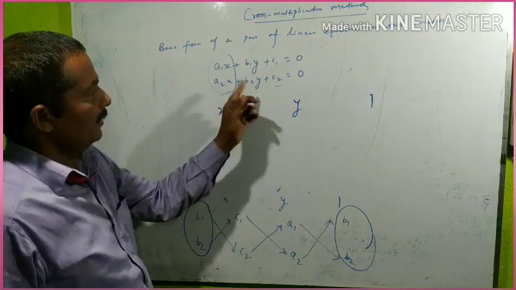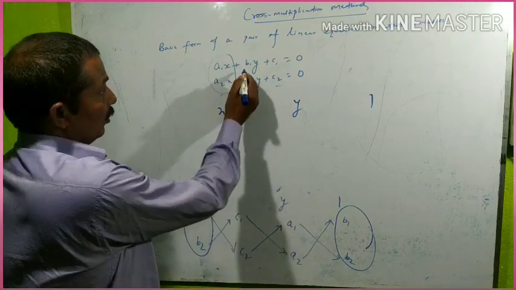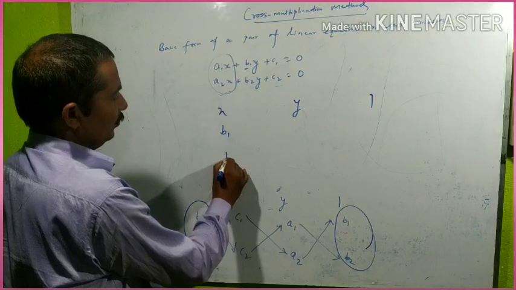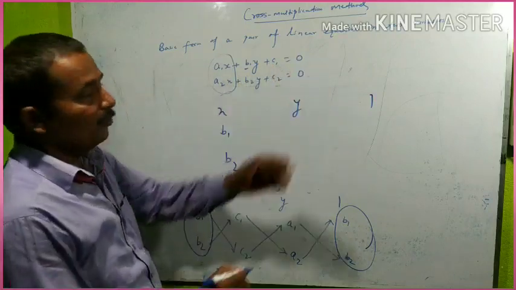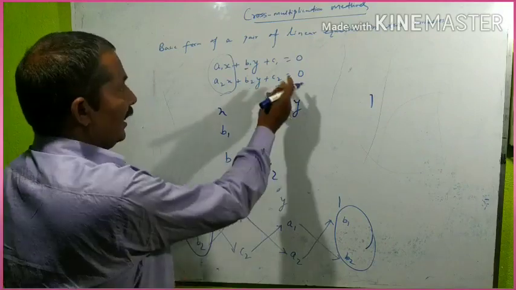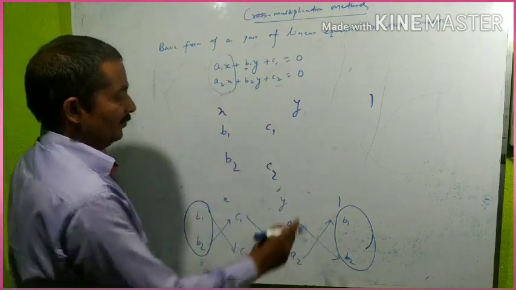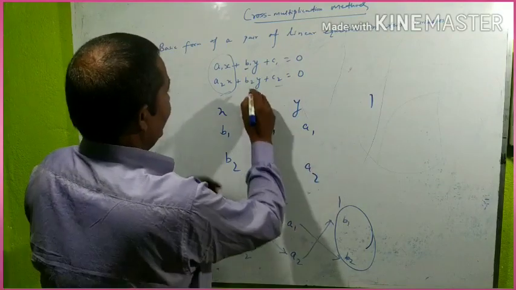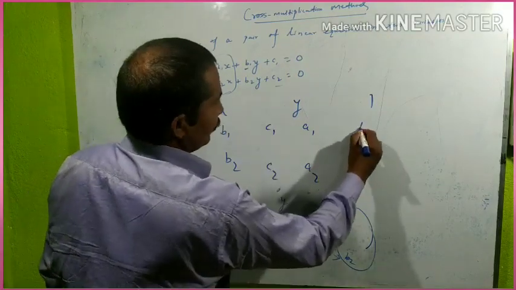From the middle part, the coefficients of y you will take b1, b2. Then you will move to c1, c2. Again you will come here a1, a2. Then b1, b2.